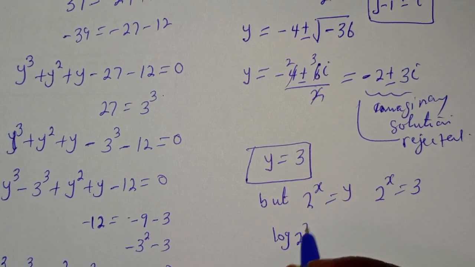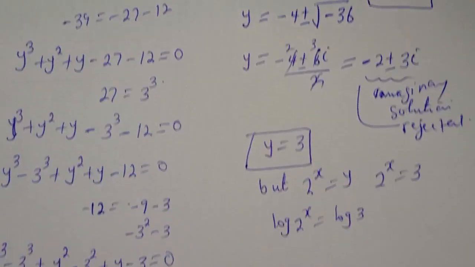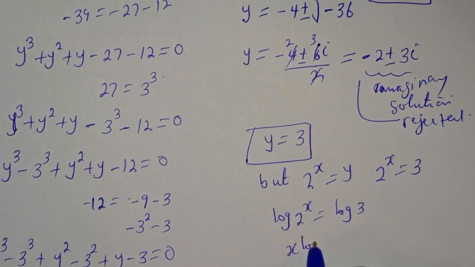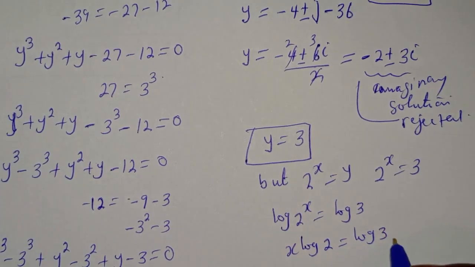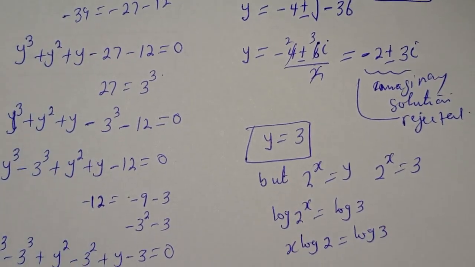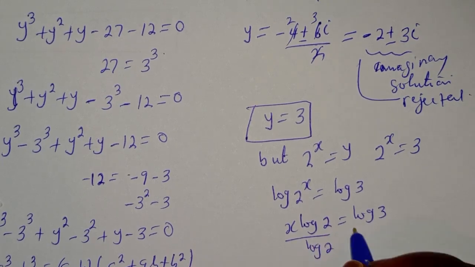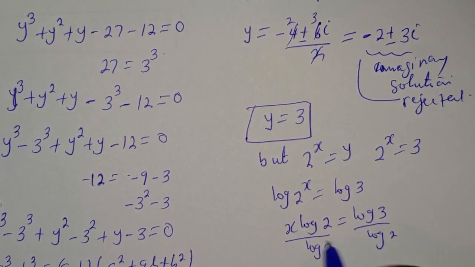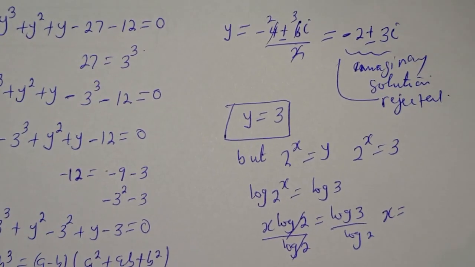Log 2 raised to the power s is equal to log 3. Then s log 2 is equal to log 3. Let's divide both sides by log 2. This will cancel this.